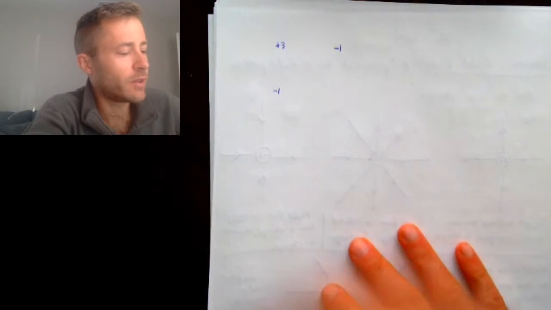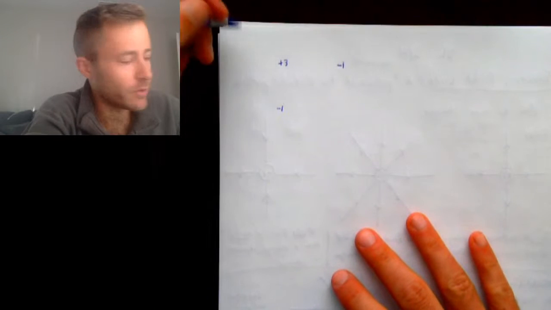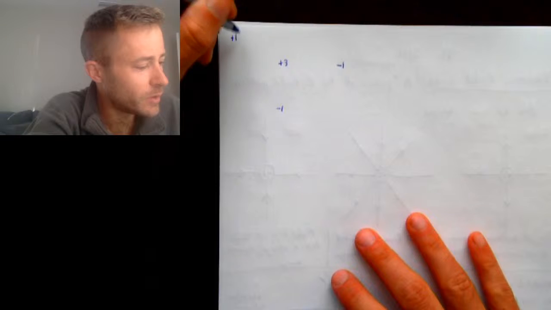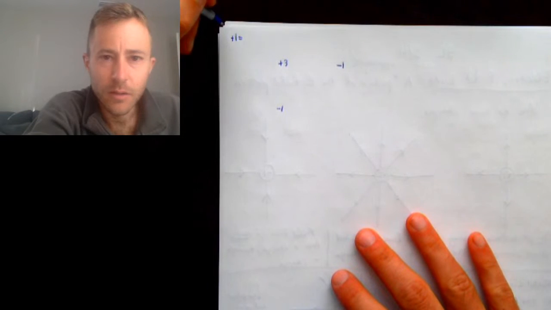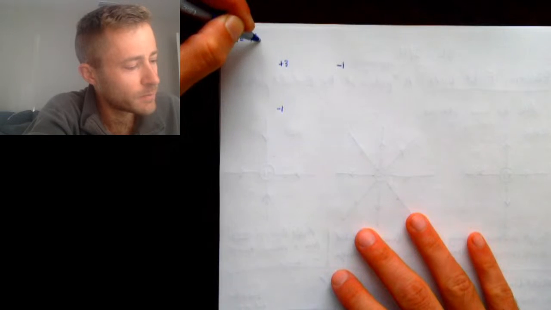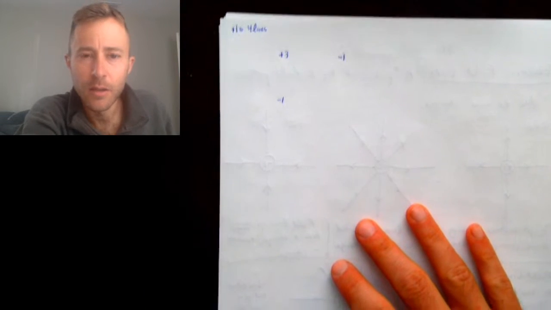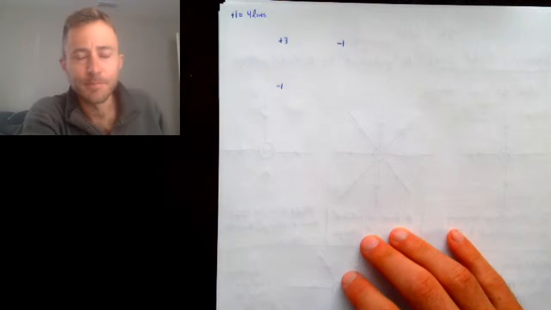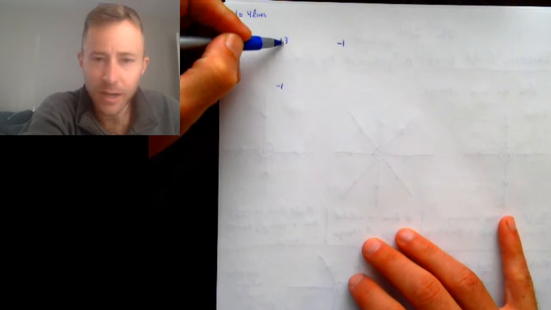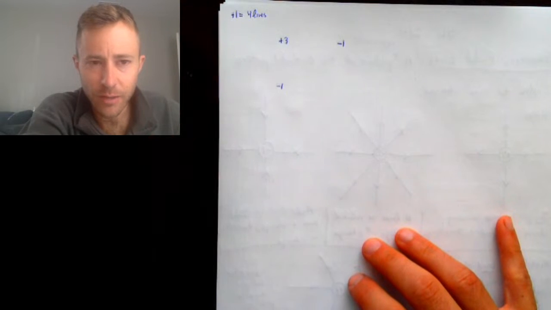Let's say for this drawing that +1 is going to be equal to 4 lines. Okay? So what I can see here is that I've got a positive next to a negative.